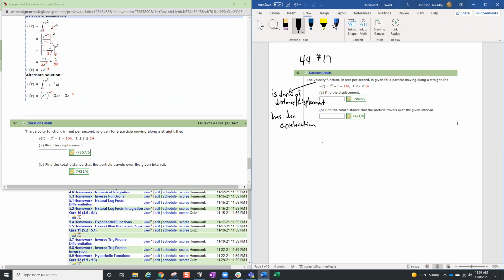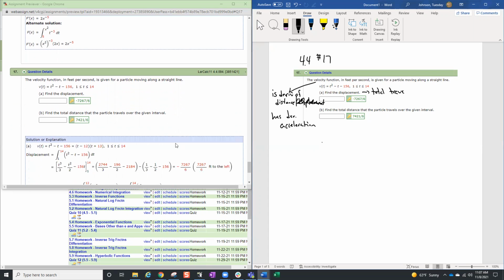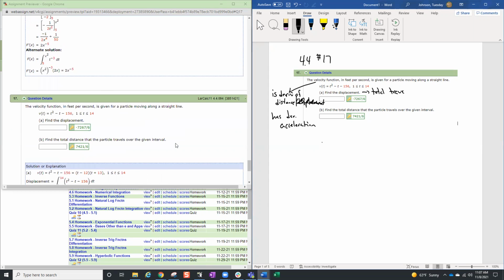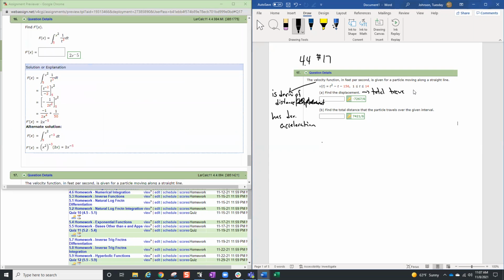Velocity is the derivative of distance, that's the important one. The displacement is total travel, I think. I lied. It is the integral from 1 to 14 of our function.